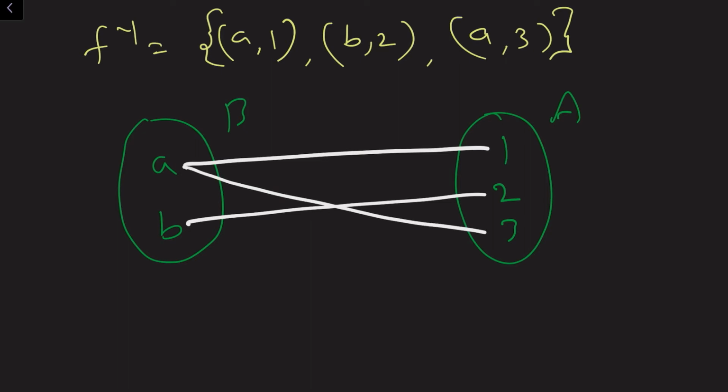If we observe this clearly, element A has two images. According to the definition of a function, every element of the first set should have only a unique image, whereas in this case the element A has two images. So this is not a function. It will become just a relation only, not a function.